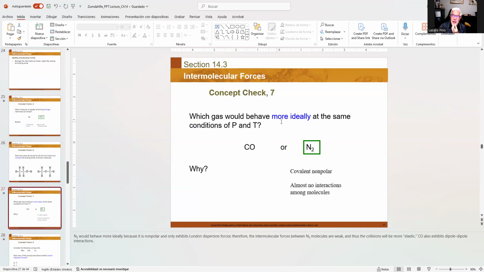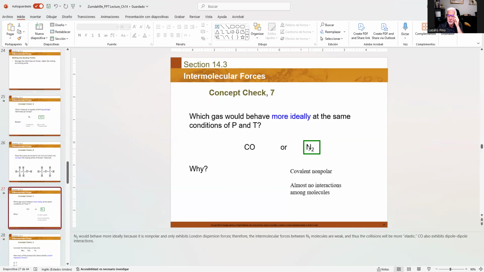Which gas would behave more ideal? Well, in the same condition, nitrogen is covalent nonpolar, so the interaction between molecules is almost null.